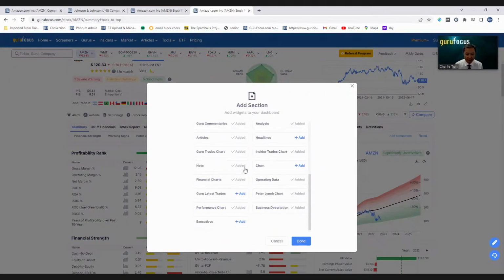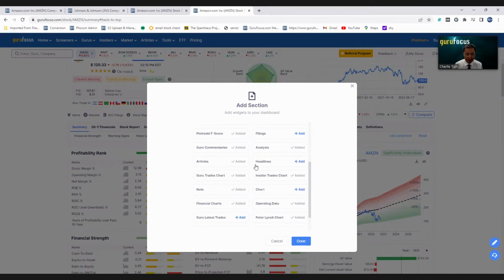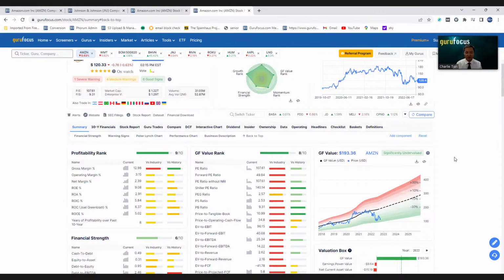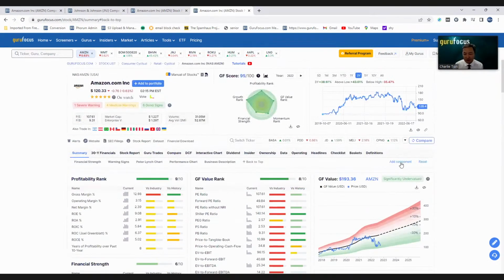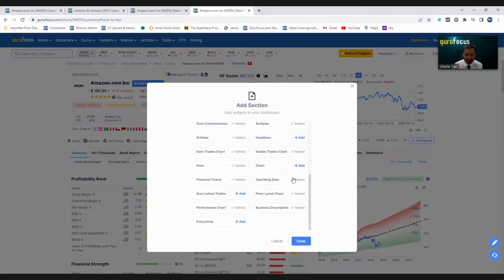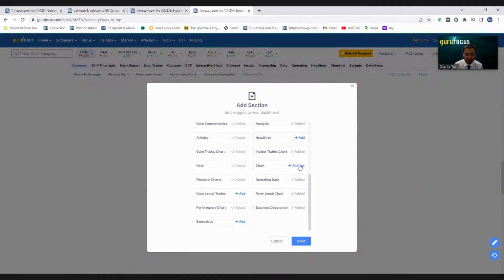We actually have a goal that we can add every chart and every module, including DCF and different charts, into this summary page, so that in the future you will only need to come to this summary page and it will do most of the things you want. You can already add a chart here.